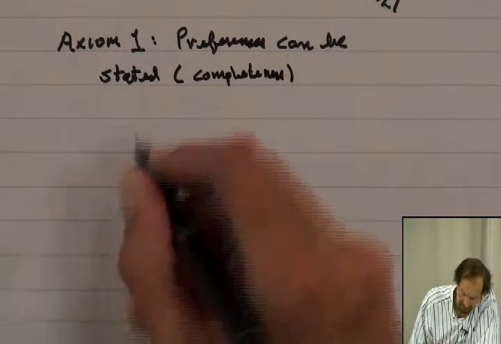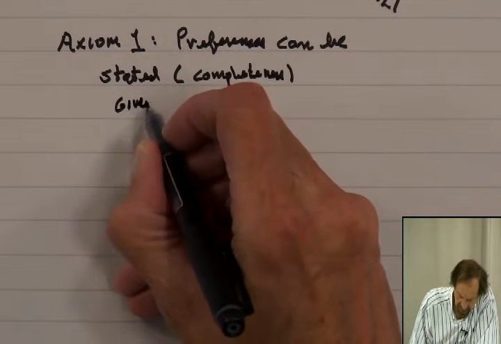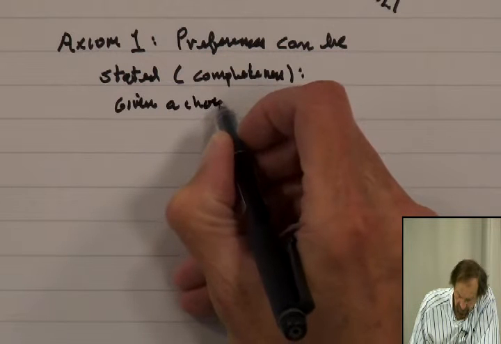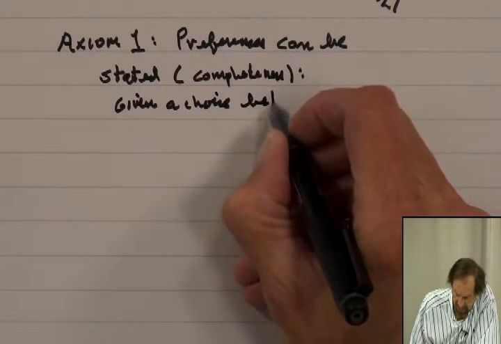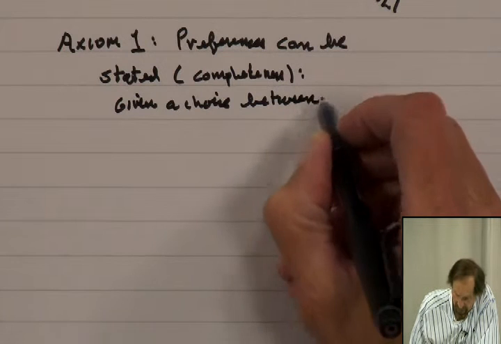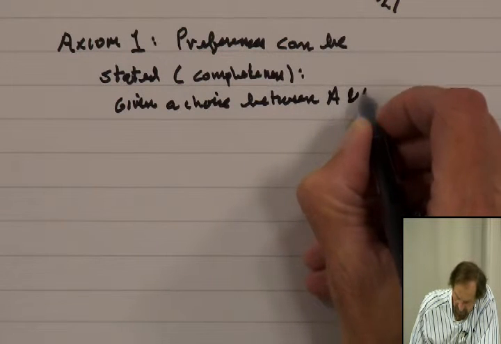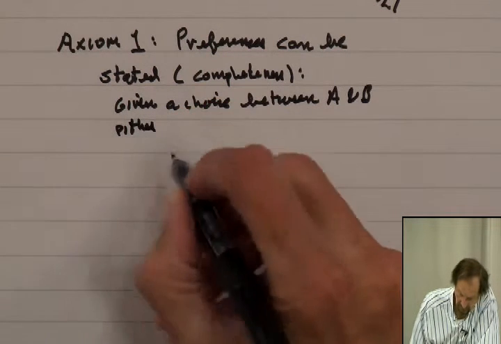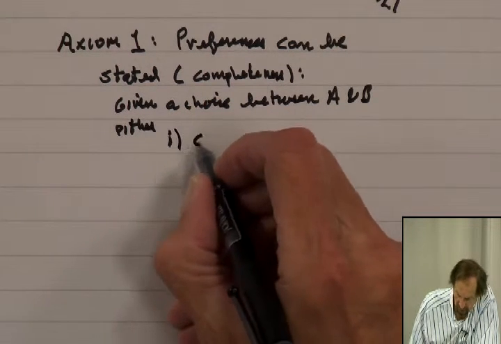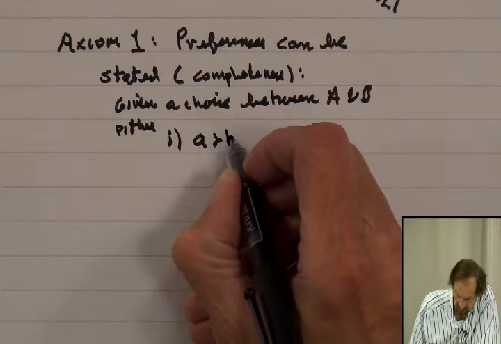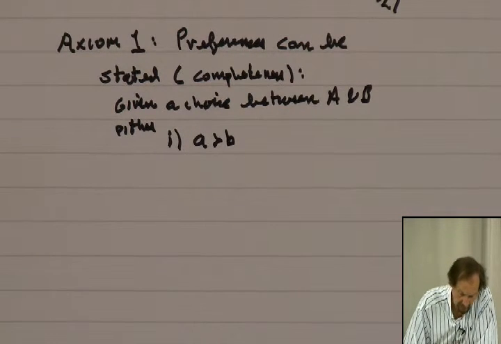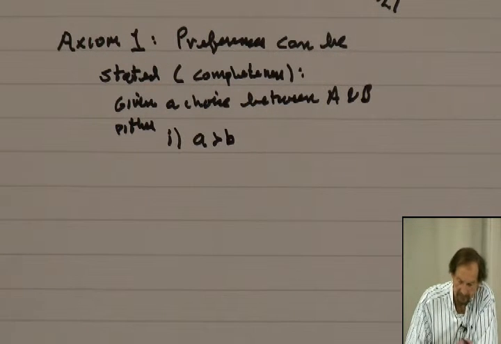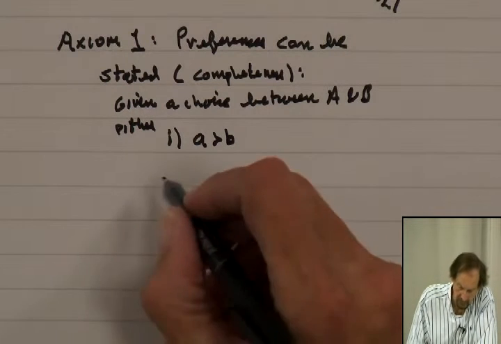Given a choice between A and B, either one, we prefer A to B. These don't have to be in dollars or numbers. A could be apples and B could be bananas, if you like. Just a choice between two objects.